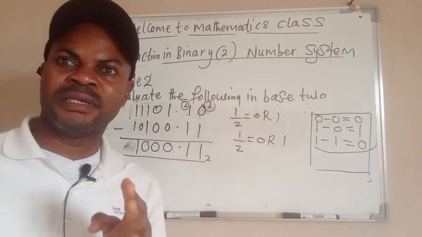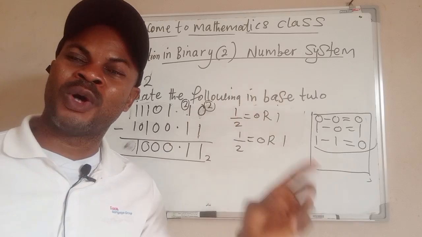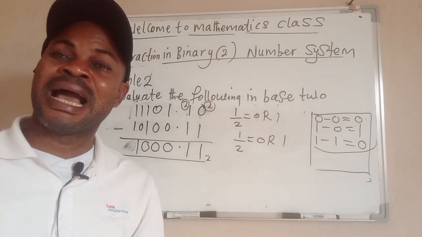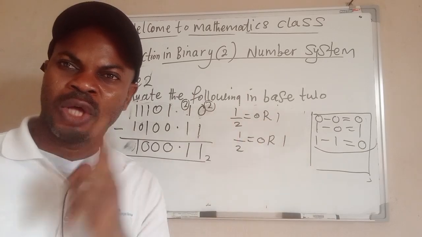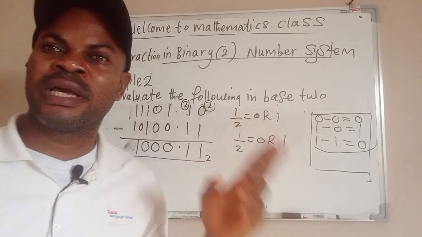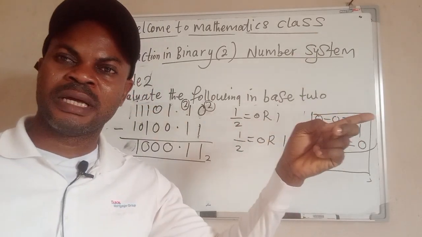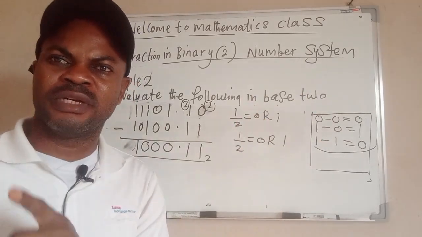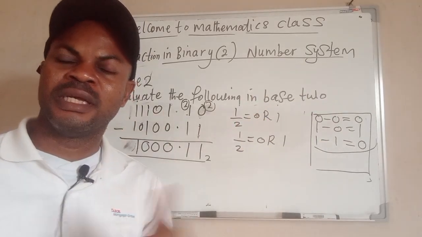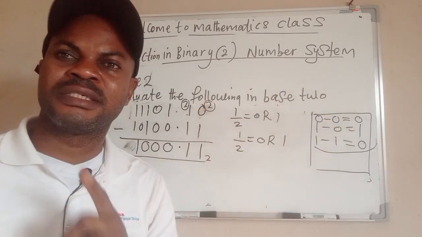But in other bases, the one you are borrowing automatically becomes the base. Are you working in base 2? And you need to borrow 1 from the other. The one you borrowed automatically becomes 2. Are you working in base 3? If at any point you choose to borrow, the one you're borrowing becomes 3. If you're working in base 16, the one you're borrowing becomes 16.